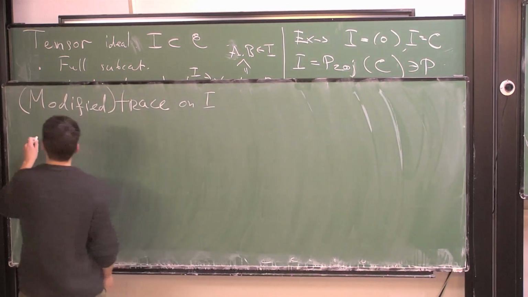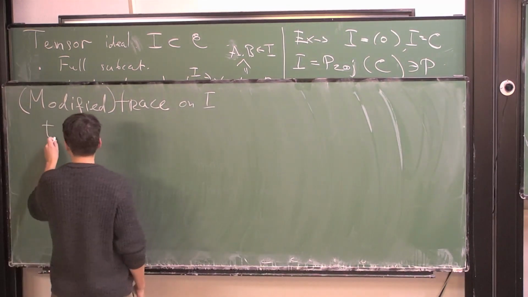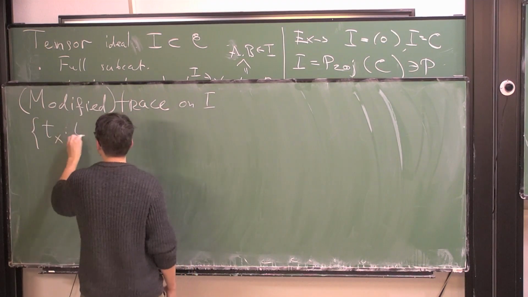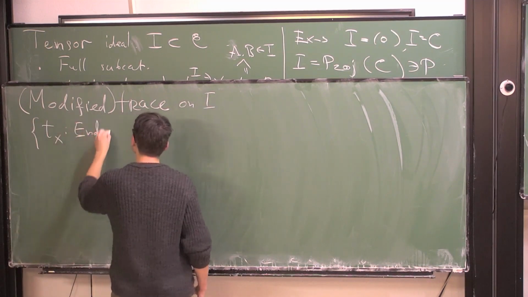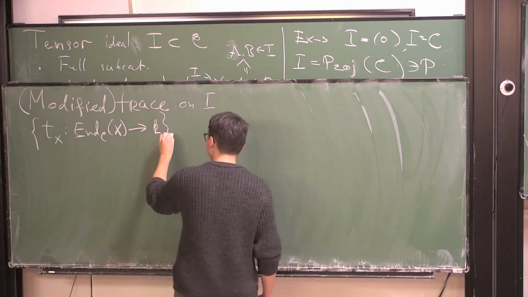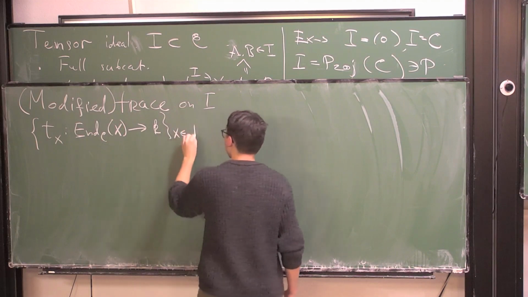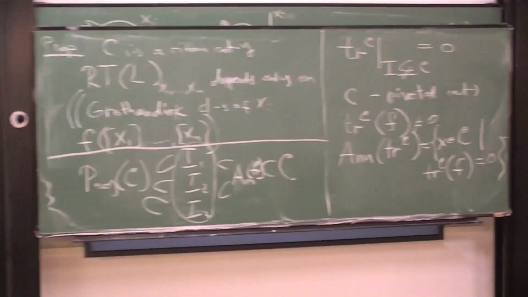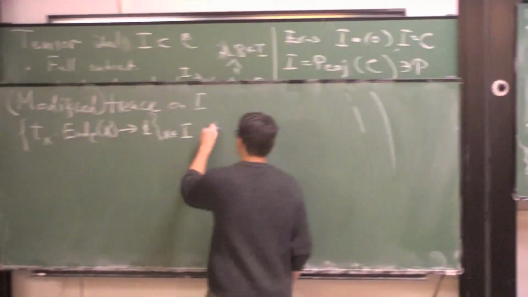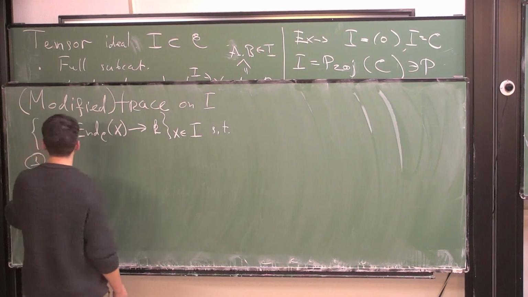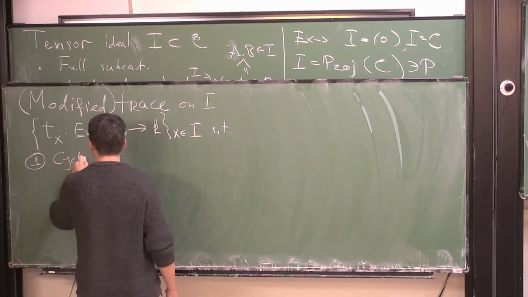So what is this? It's a family of linear maps from the endomorphisms of each object X into your ground field, over all objects in your ideal. Okay? And two important properties should be satisfied. First of all, cyclicity.